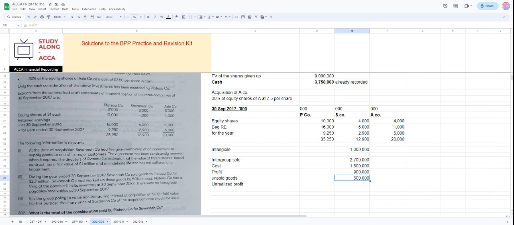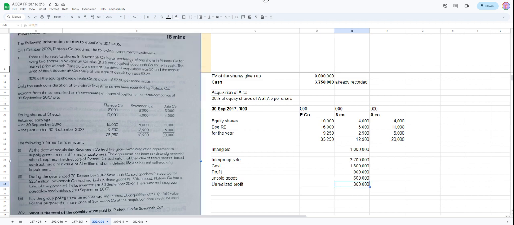Okay, one third they are saying. So 1.8, one third is this 600,000. So the unrealized profit will be how much? I think it is half, 300,000, because the profit is half of this, 50%. So 300,000 is the unrealized profit overall.